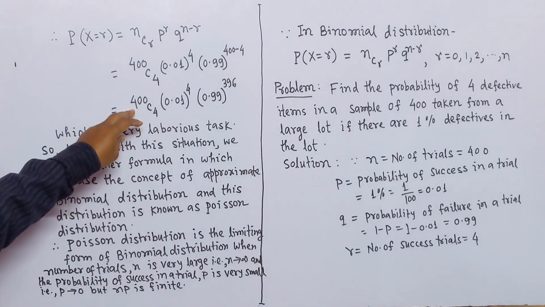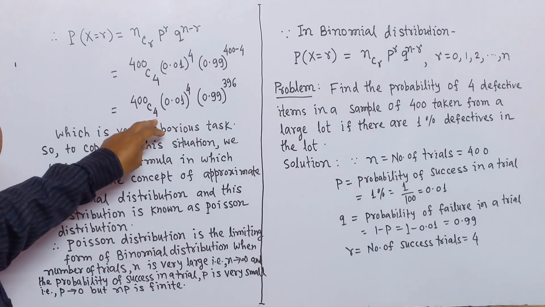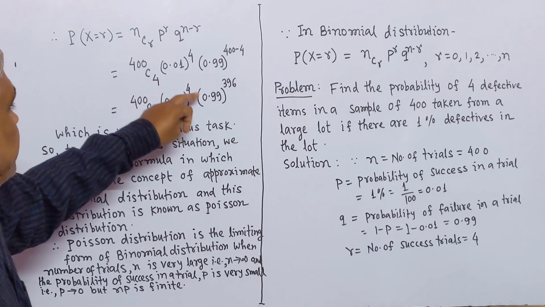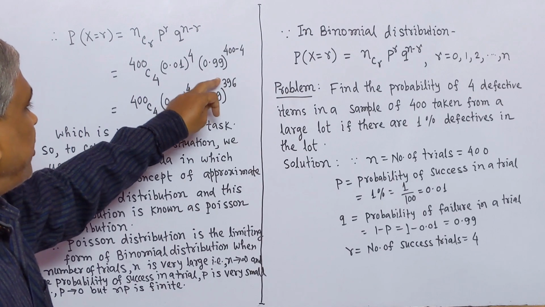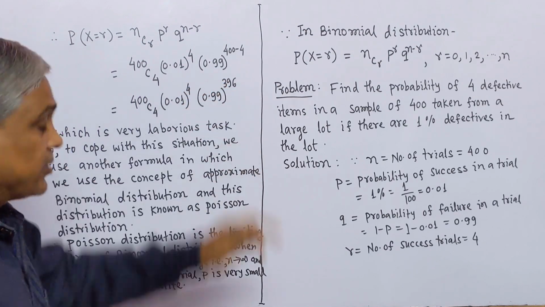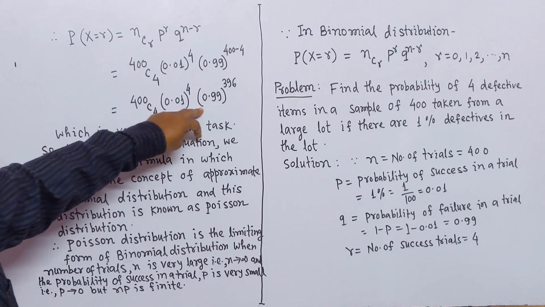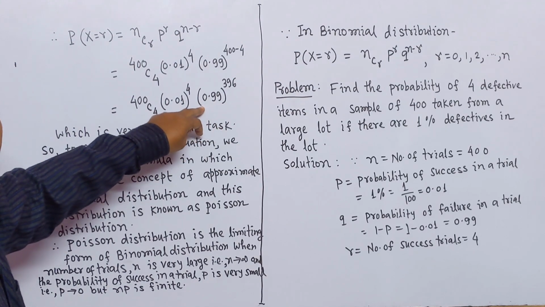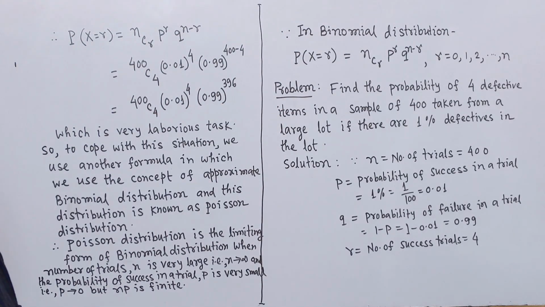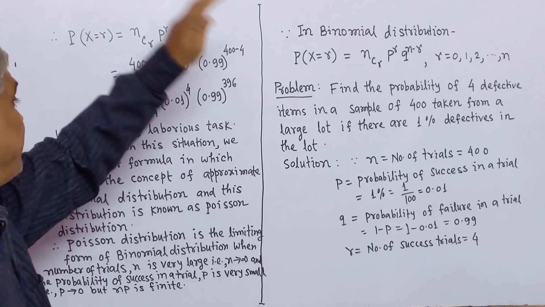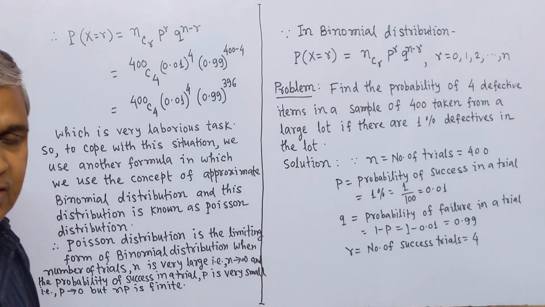This is equal to 400C4, 0.01 to the power 4, 0.99 to the power 396. Here we see that this is a very laborious task to solve, because here we get 0.99 to the power 396.